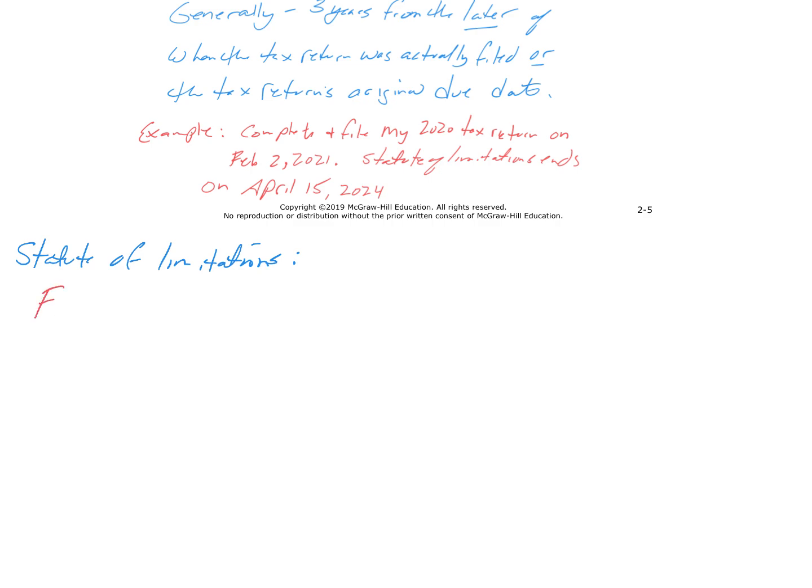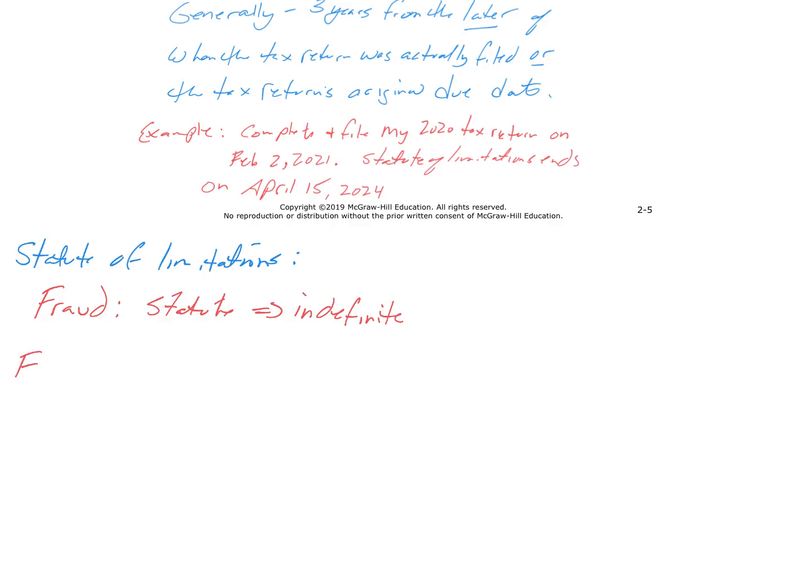All right. So if they suspect fraud, what is the statute of limitations? Well, if they suspect fraud, the statute of limitations does not expire. All right. So the statute of limitations in fraud is indefinite. All right.